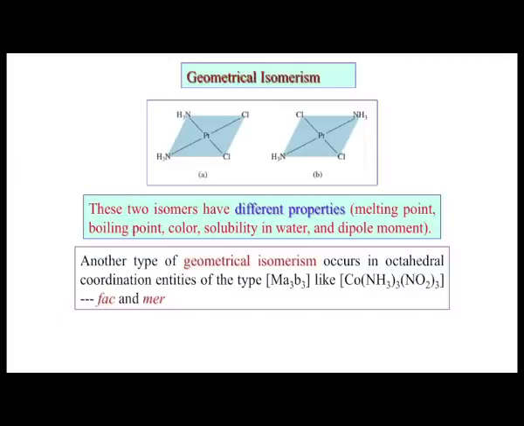But what about the octahedral compound? In our last class we discussed a situation where the platinum is of A2B2 type, meaning two types of ligands, and for each type there are 2 in number. Similarly, if we go for octahedral, we always know that for an octahedral coordination complex the coordination number is equal to 6.